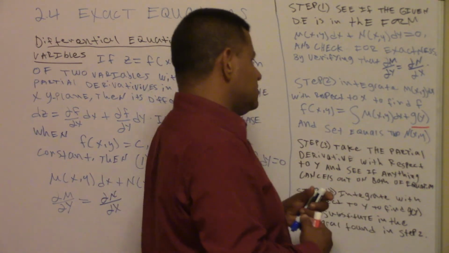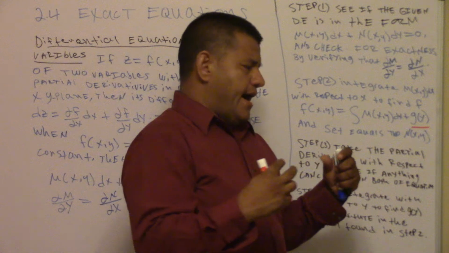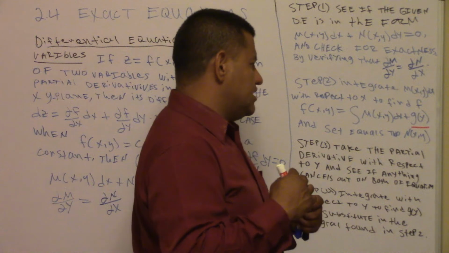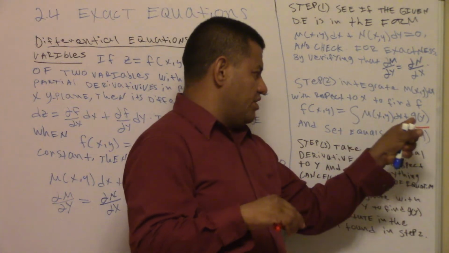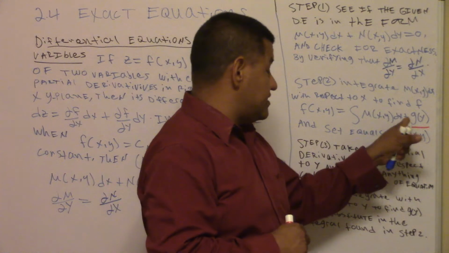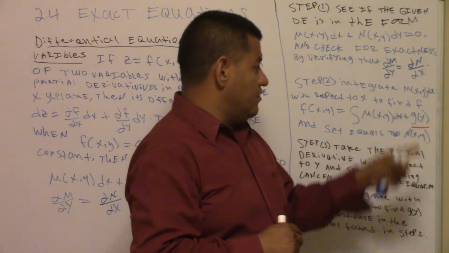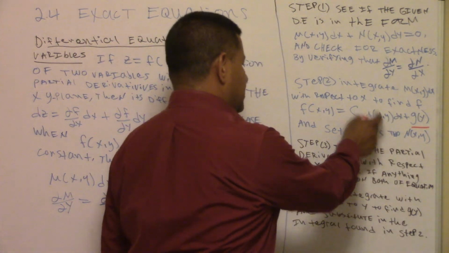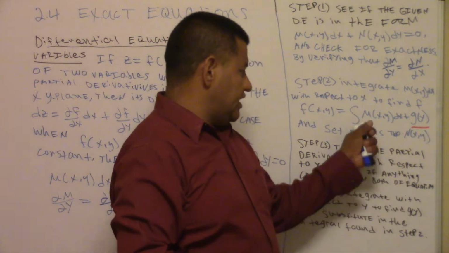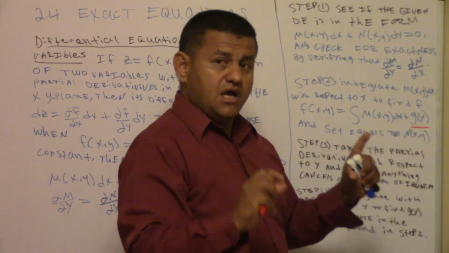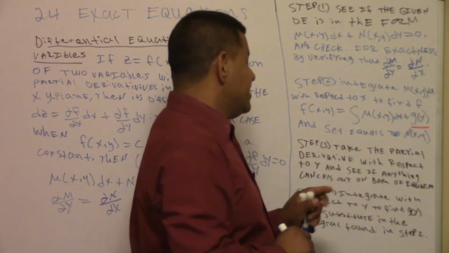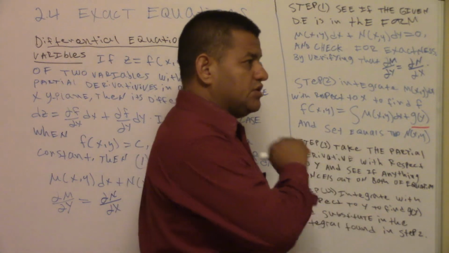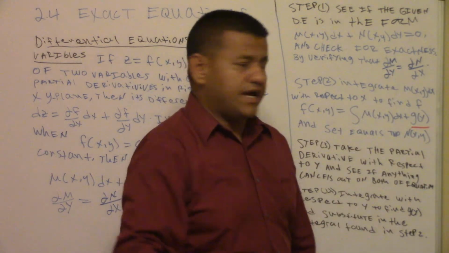Now, that constant function is going to be very important for us because at the end we are going to integrate to find that g of y, and then substitute back into this integral. That is going to be our final answer, which of course is equal to a certain constant c, okay?